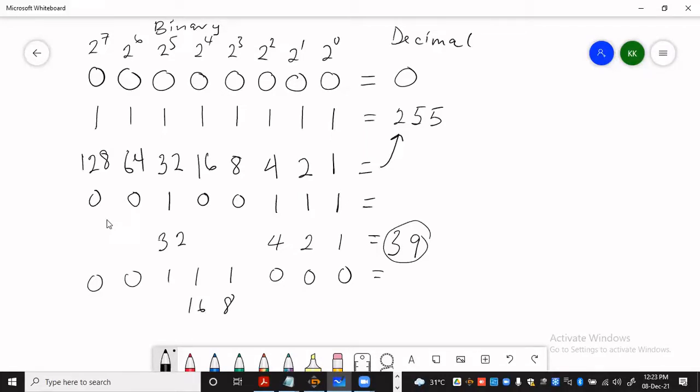And we also switched on 2 raised to the power 5, which is 32. So it means that the rest are all zeros. So the decimal is 32 plus 16, which is 48. 48 plus 8 is 56. That's a 56 decimal that we got. I hope you guys are paying attention to this.